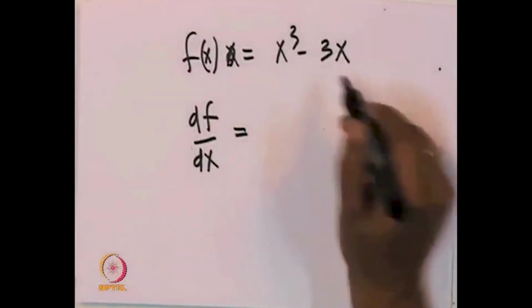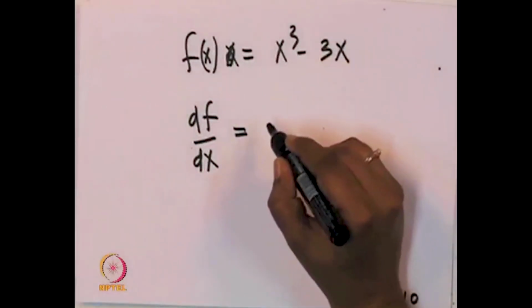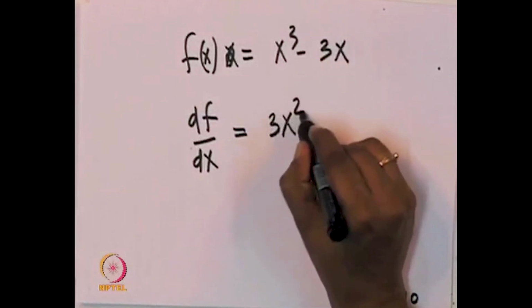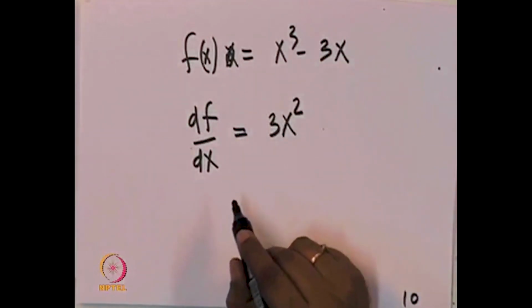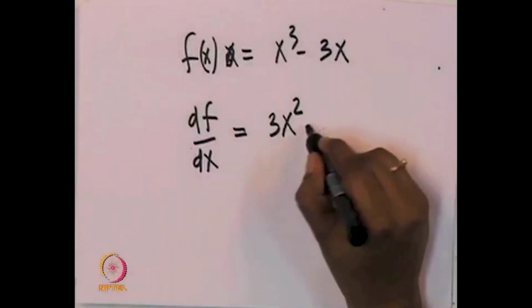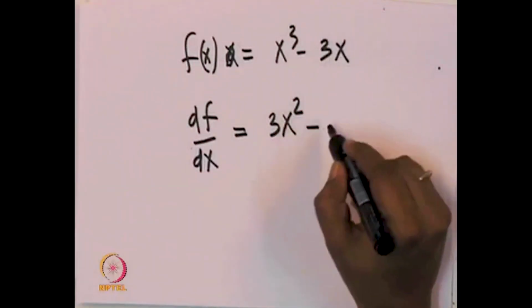The derivative of x cube is 3 x square. This is what we learned: x power n has derivative n x power n minus 1, minus the derivative of 3x, which is 3.